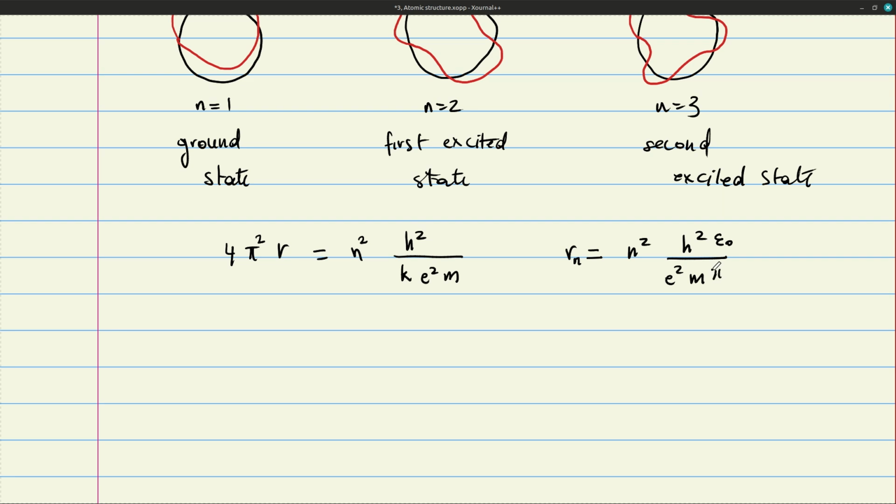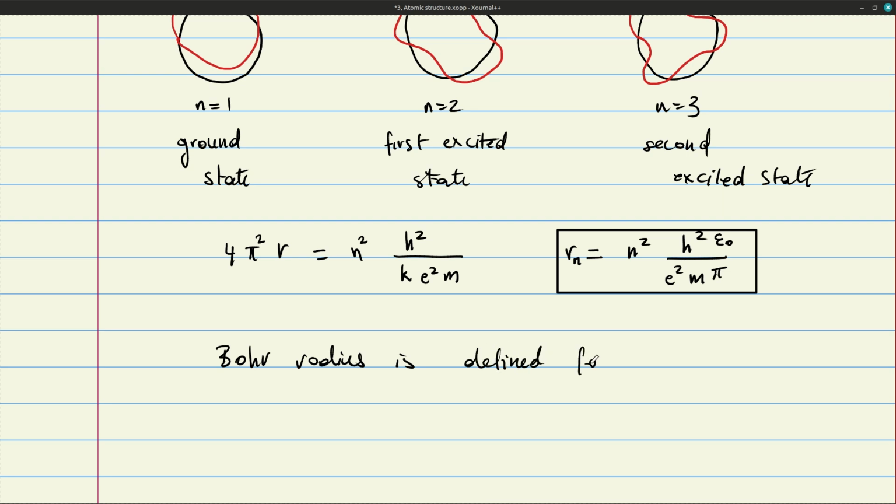Okay, this is pi. Good. h squared epsilon naught over e squared m times pi. Again, define the Bohr radius. The Bohr radius is defined for n is equal to 1.